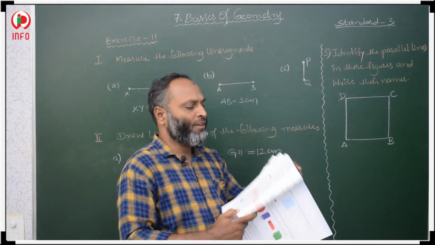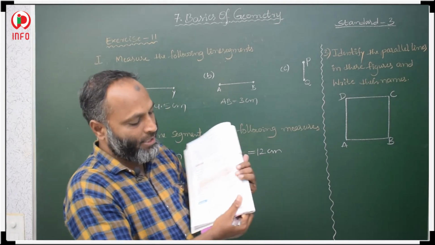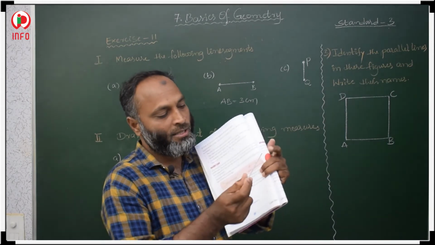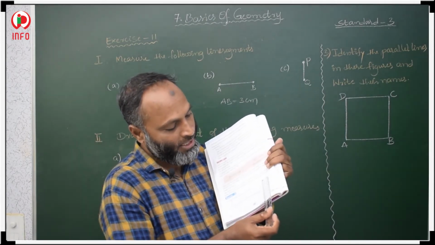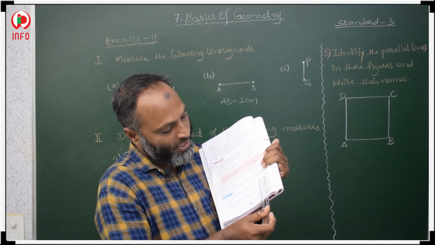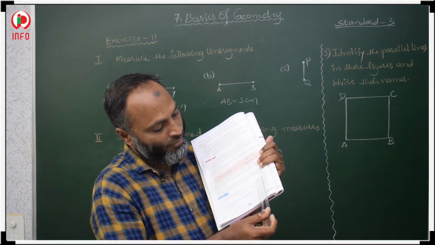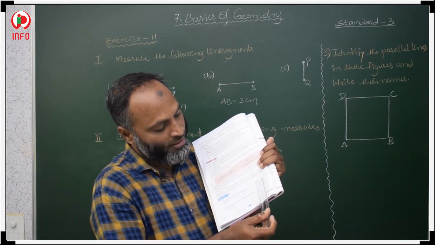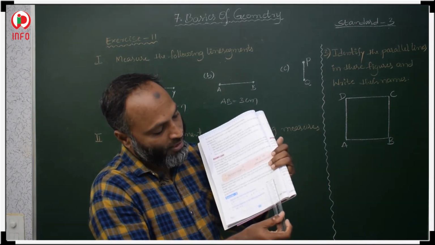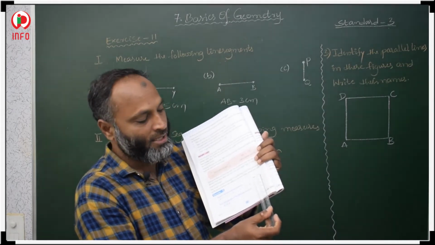Next, in C a vertical line is given. So, we have to find the vertical line segment length. How to find it? See here, this is a vertical line. Again we have to take a ruler. The 0 should coincide with P and we have to see where the next point coincides. It coincides at 1.6, between 1 and 2. 0 to 1, and after that 6 lines means 1.6 centimeters.